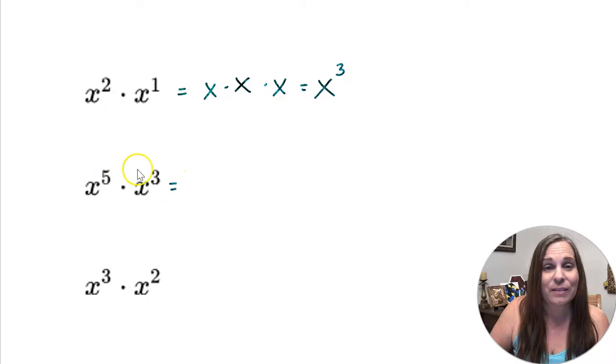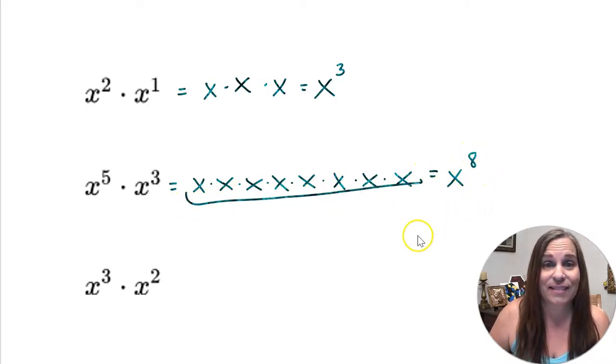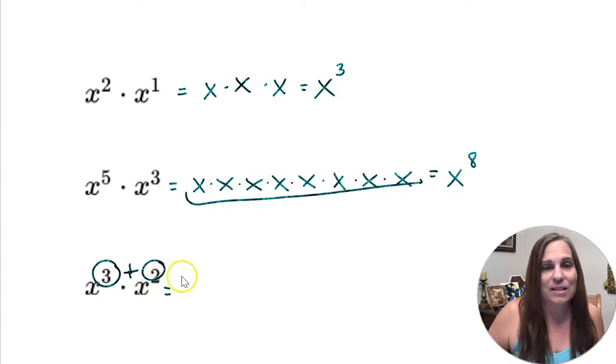On this one, 5 x's, right? x to the 5th means 1, 2, 3, 4, 5. And then x to the 3rd means I've got 1, 2, 3. But when I count them all up, I've got 8. This last one, I'm not going to write this one out. I'm just going to trust what I would get, which is 3 x's and 2 x's, and add those exponents together to get x to the 5th.